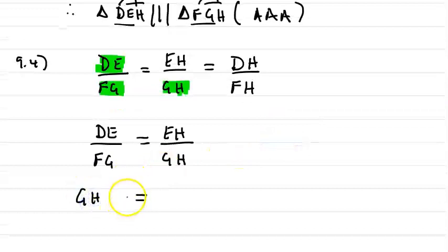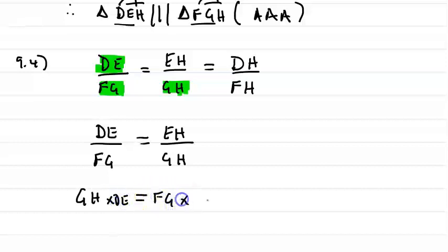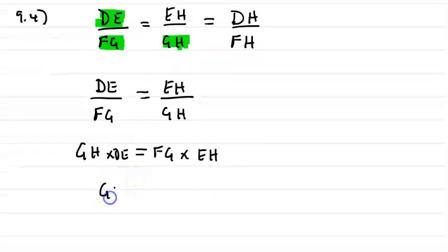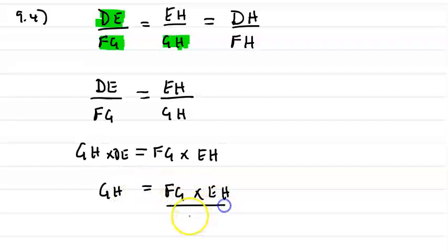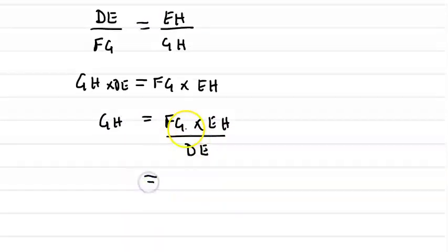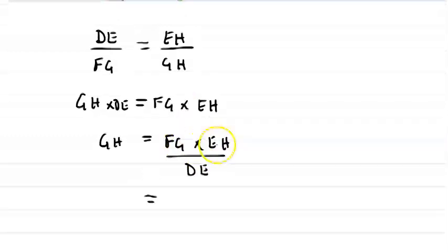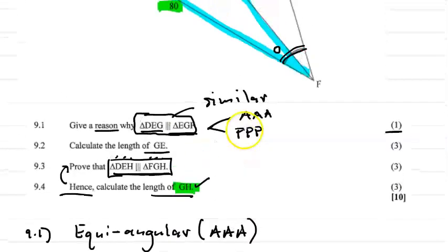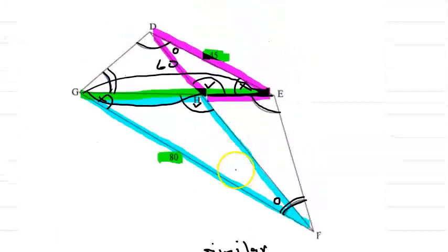So GH times DE is going to equal FG times EH. So therefore, GH equals FG times EH all over DE. So we've got FG, EH, and DE. Let's go look at our diagram. So we've got FG, we've got DE.